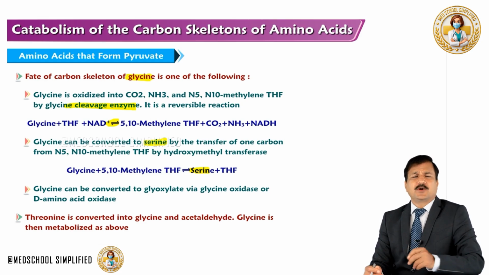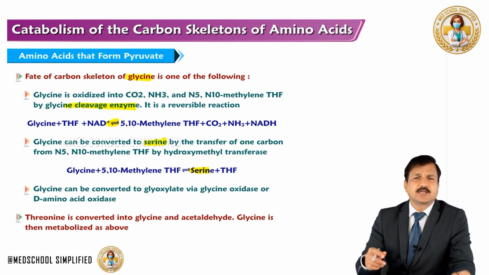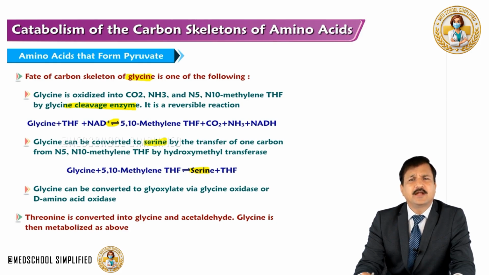So the first fate is that the carbon skeleton and amino group are directly released by glycine cleavage enzyme. The second fate is that glycine is converted to serine while N5,N10-methylene tetrahydrofolate is simply released as tetrahydrofolate.